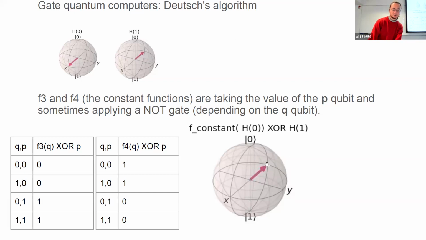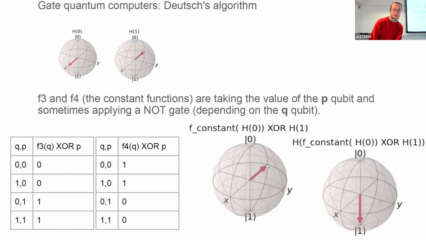The qubit is still in a minus x state. And again, we apply the final Hadamard gate on the output, which brings it back into the polar axis, if you want to call it that. But this time, of course, the output is going to be at the south pole, right? So with the constant functions, we always get the qubit in the final output state of 1.